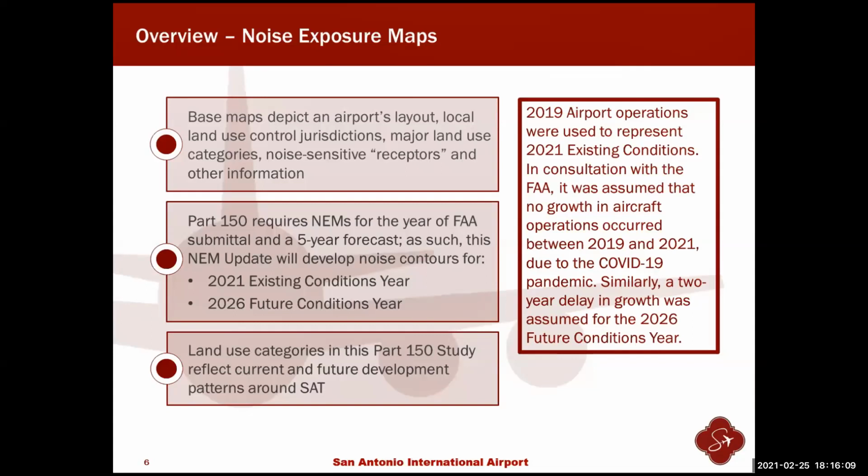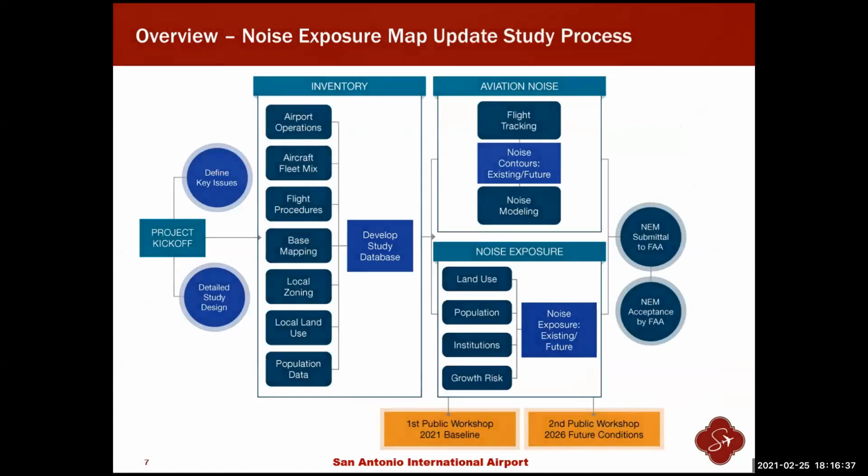In consultation with the FAA, it was assumed that no growth in aircraft operations would occur between 2019 and 2021, given the global slowdown in aviation activity due to the COVID-19 pandemic. Similarly, and in consultation with the FAA, a 2-year delay in the operational growth was assumed for the 2026 future conditions. As such, the 2024 activity forecast was used to represent the 2026 operating conditions.